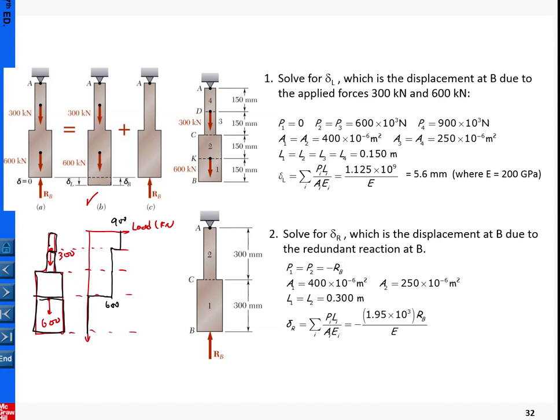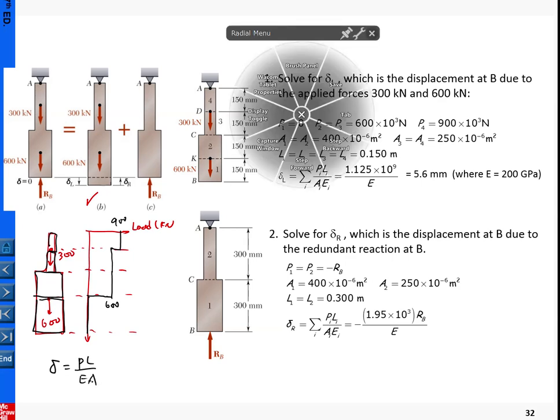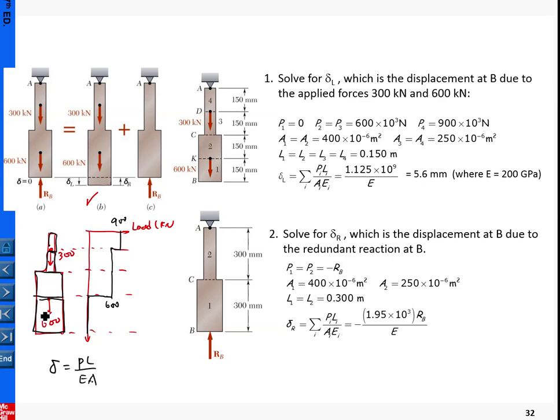So for each segment, 1, 2, 3, and 4, repeating the previous calculation template. For each segment the template is PL over EA. So here you have determined this is the segment 1, 2, 3, and 4. For each segment you have determined the loading, and for each segment you know the geometries.